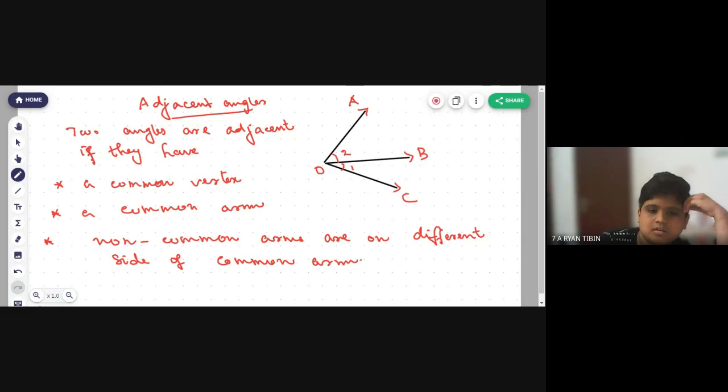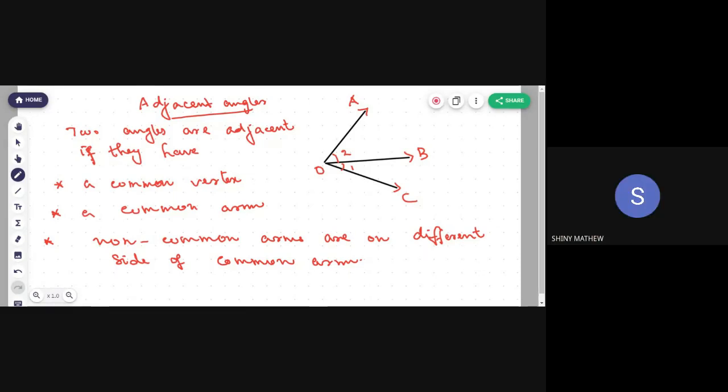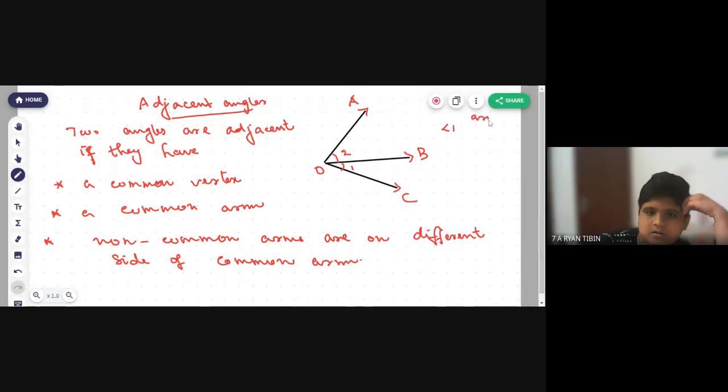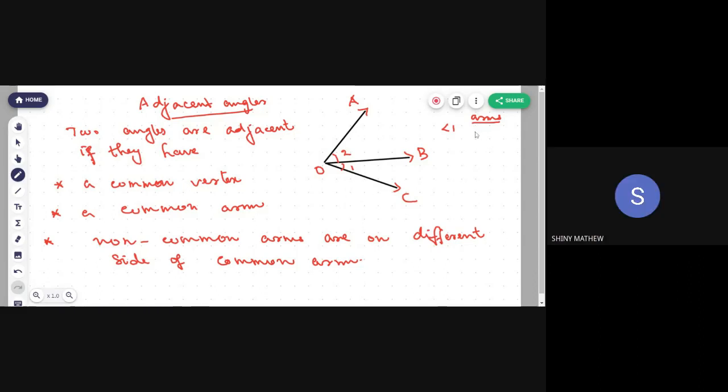Miss, how do we decide the common arm and the not common arm of an angle? Can you say? Okay, here you look and write. You say what is the arms of angle 1? Angle 1 ന്റെ arms ഏതൊക്കെയാ? OB and OC. Then what is arms of angle 2?